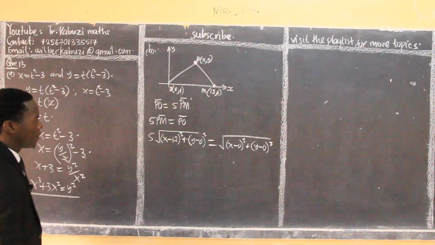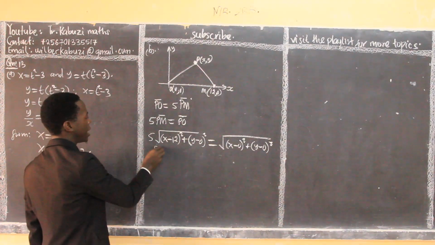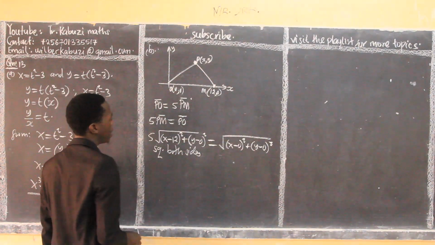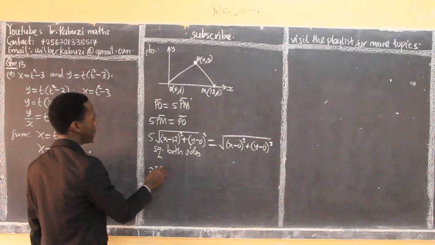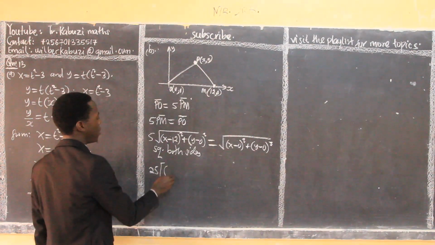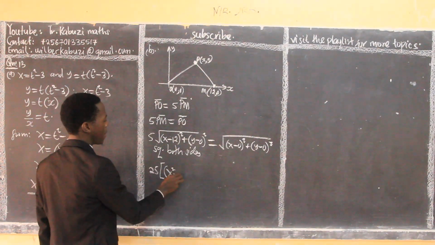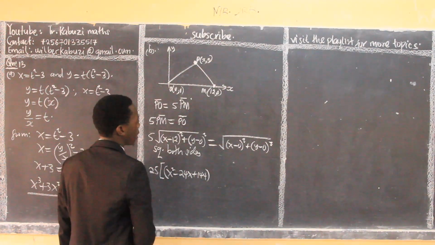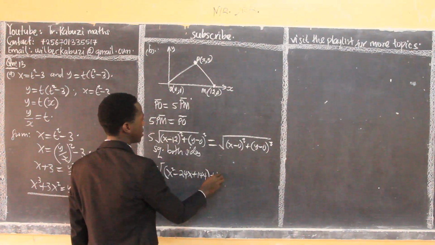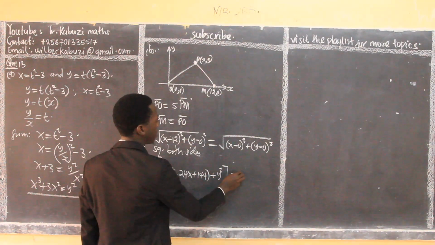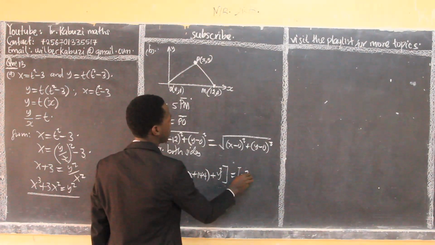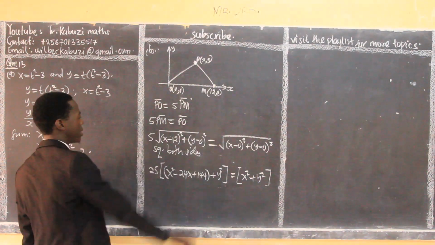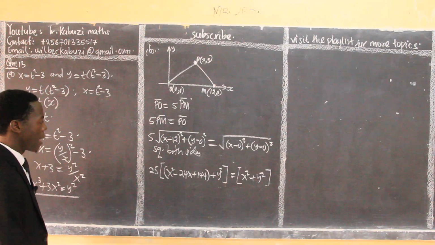If I want to remove the square root, I square both sides. You get 25 into, when we expand this, x squared minus 24x plus 144, plus y squared, equals x squared plus y squared.